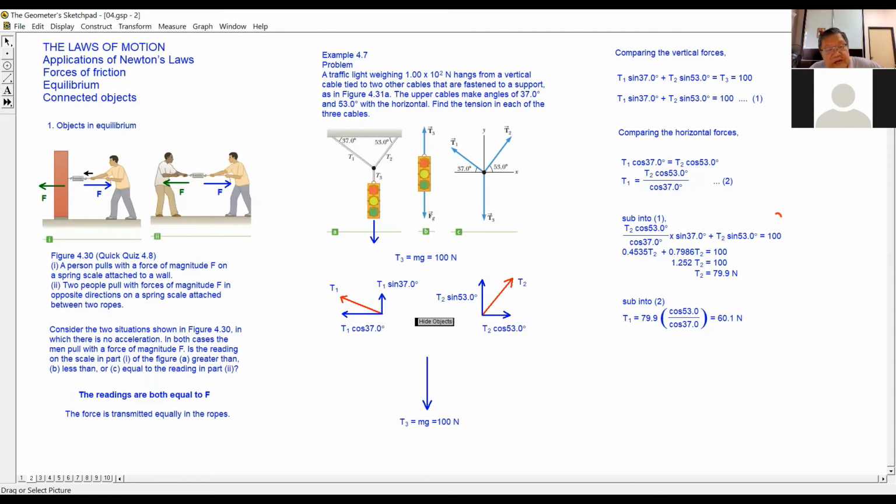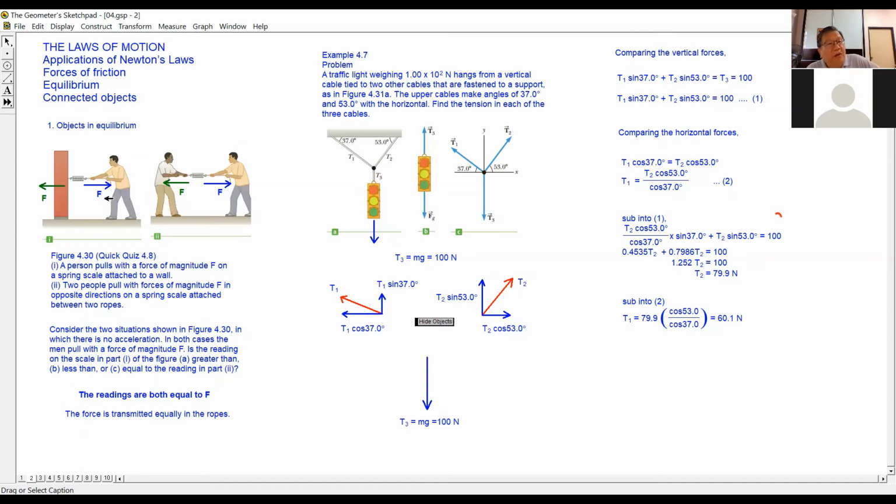The spring balance also shows the force of size F. But the question is asking, what is the reading recorded in this spring balance here and the reading recorded by the second spring balance? Are they the same? Is one bigger than the other? We cannot see the scale balance.